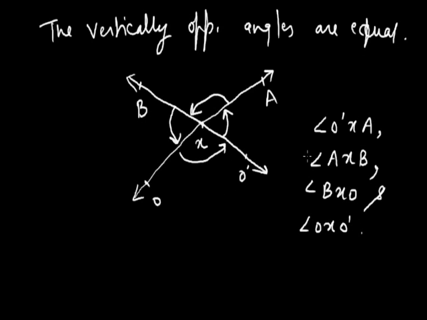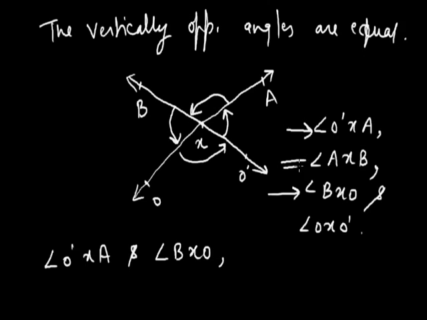Out of these four angles, there are two pairs of vertically opposite angles. The first pair is angle O dash XA and angle BXO. The second pair is angle AXB and angle OXO dash.